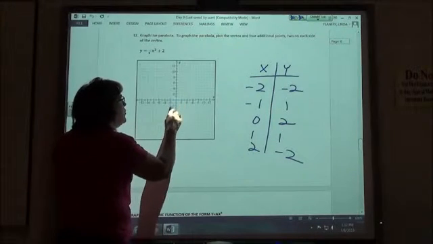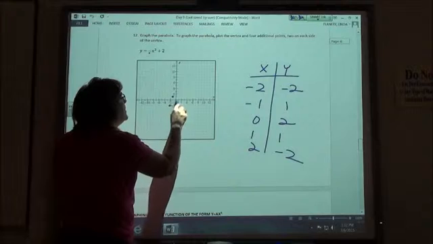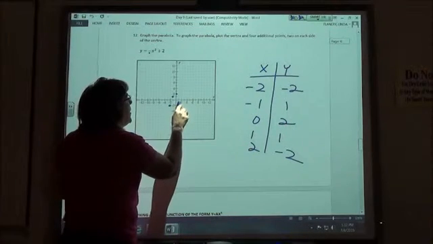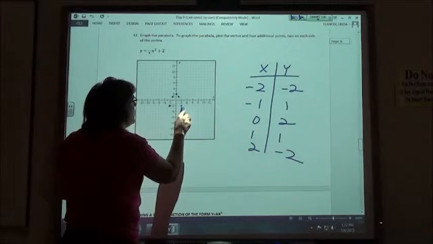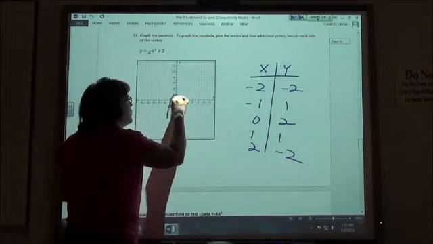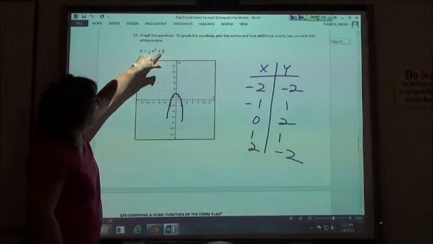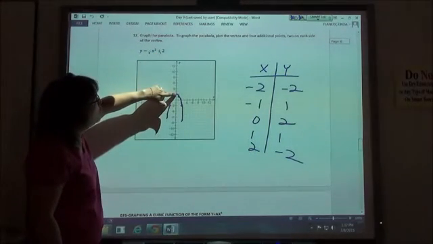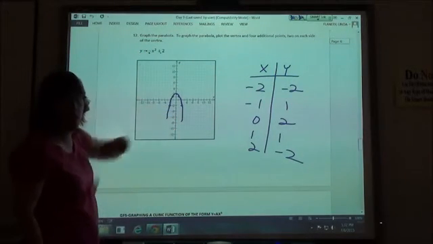So -2, -2, -1, +1, 0, 2, +1, +1, and +2, -2. And then, of course, I can draw my parabola. Again, this one, my y-intercept is at +2. It has a negative coefficient, so my parabola is going upside down.